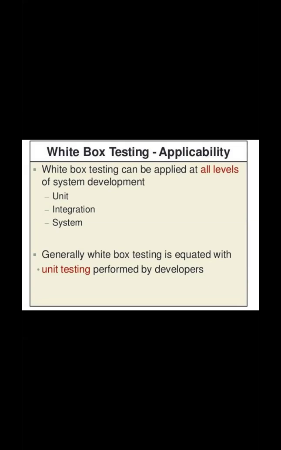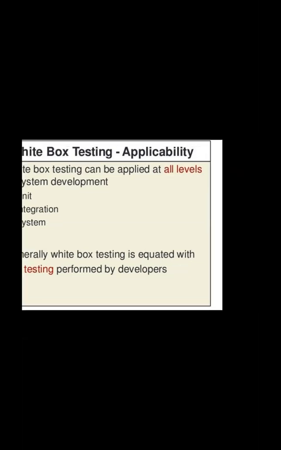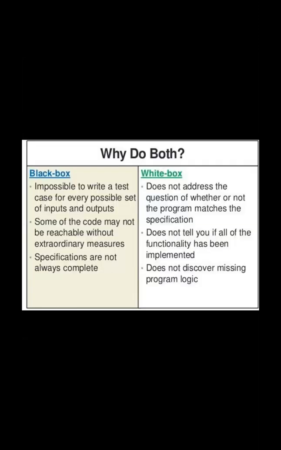Once all 5 modules are integrated, then we'll go for complete system testing. Generally, white box testing is equated with unit testing preferred by developers. Usually, while performing white box testing, you will perform unit testing first, then integration testing, then system testing.